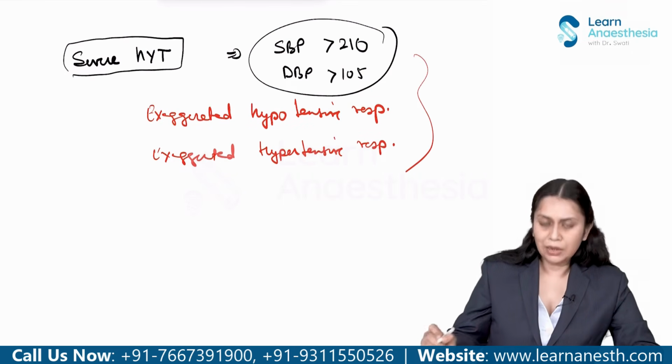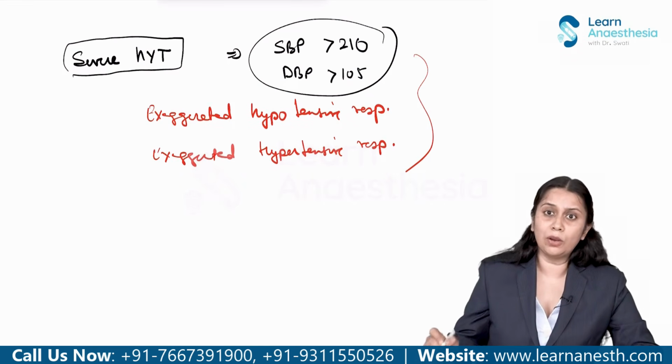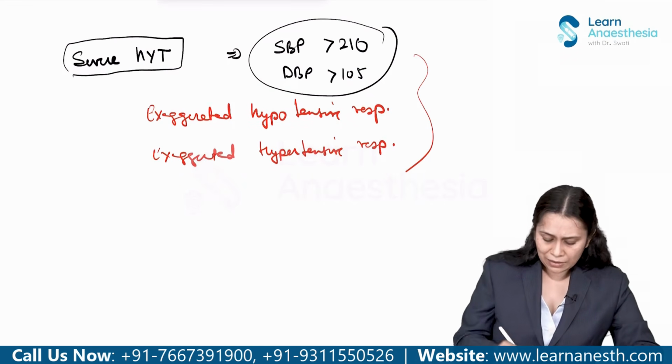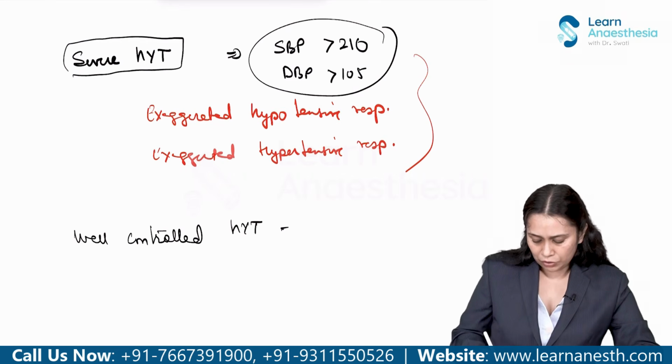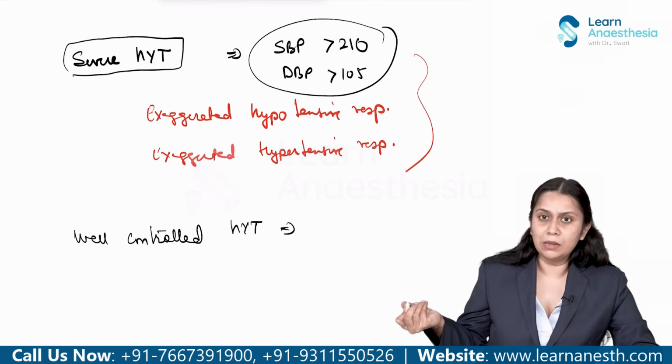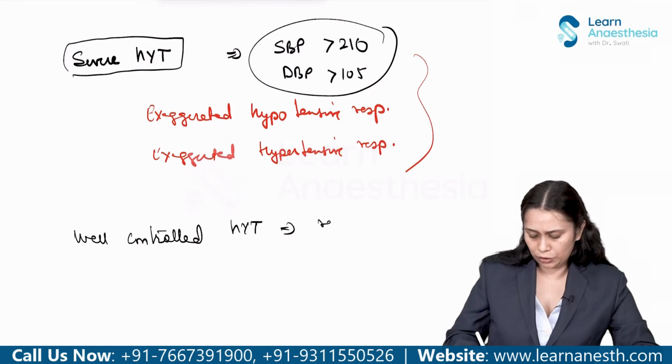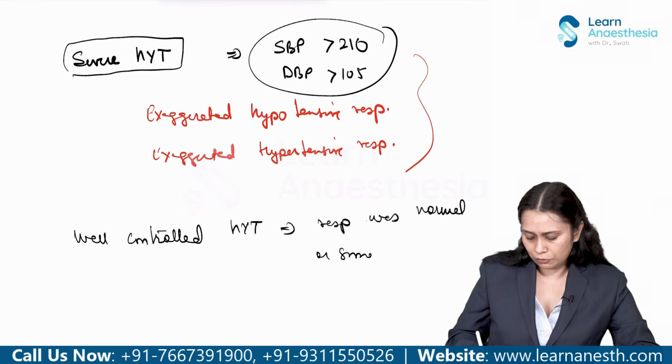So the study shows that in severe hypertension, this was what was seen. And the same study showed that in patients with well-controlled hypertension, the response was normal, similar to non-hypertensive patients.